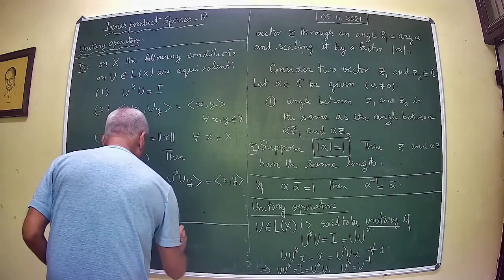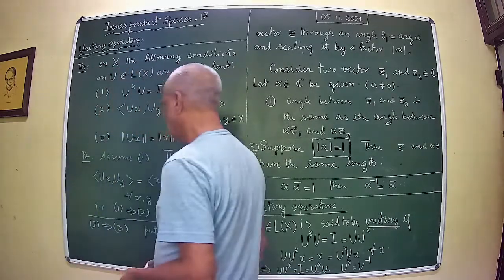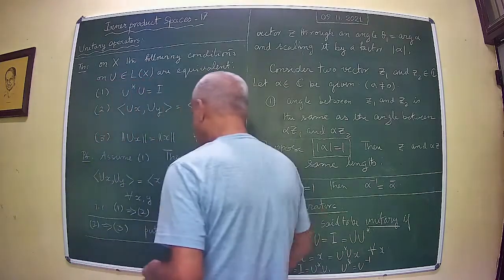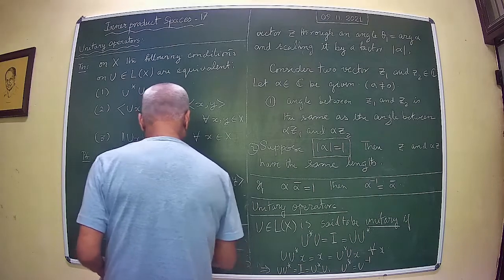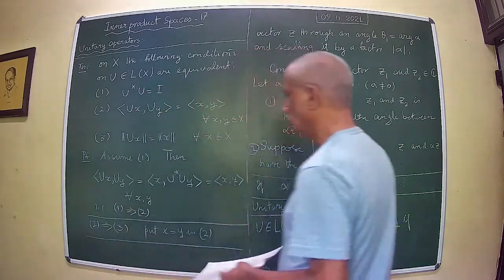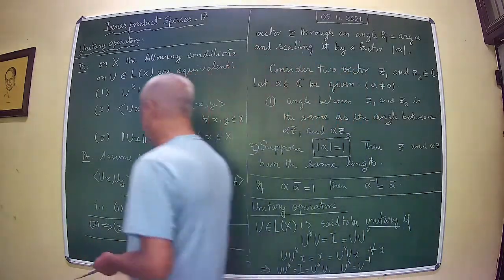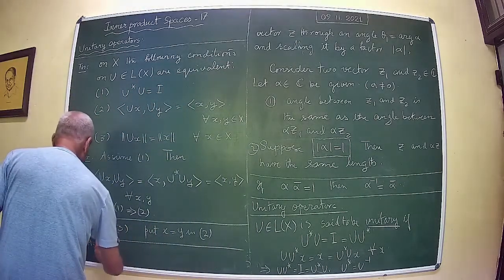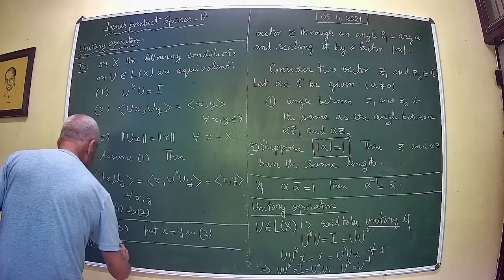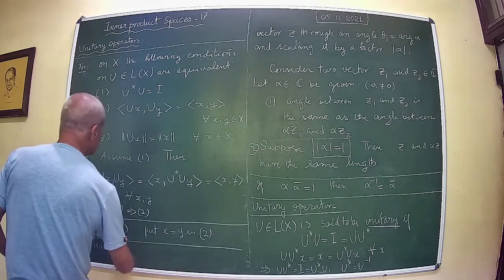Now 2 implies 3. Put x equal to y. Now assume three.